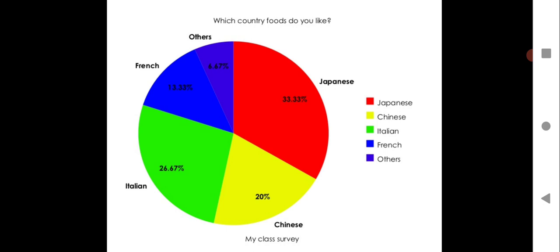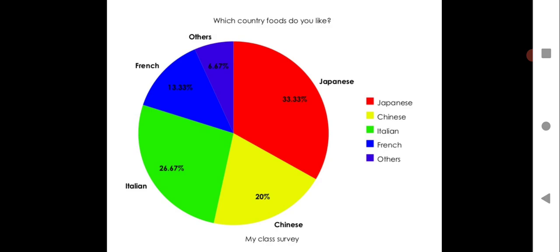Japanese is showing the maximum, 33.33%. So we can easily make out which one you like the least, or which one you don't like. All that you can easily make out from this kind of pie chart, and you require a lesser amount of information. You don't need too many observations here.